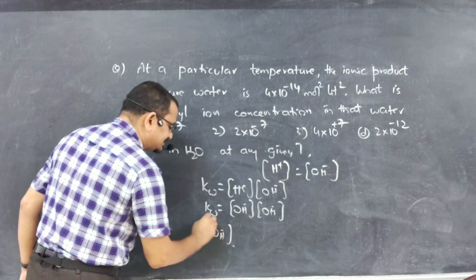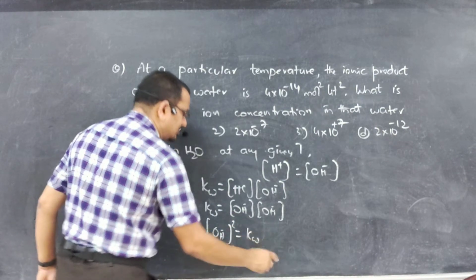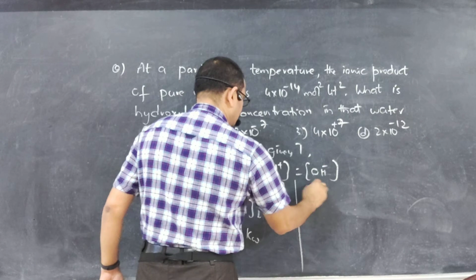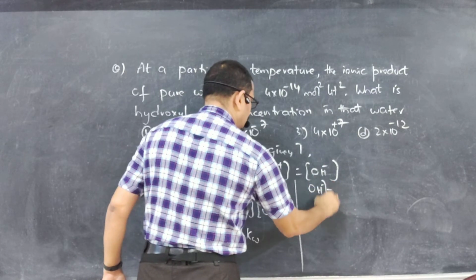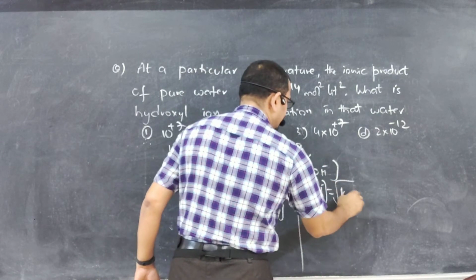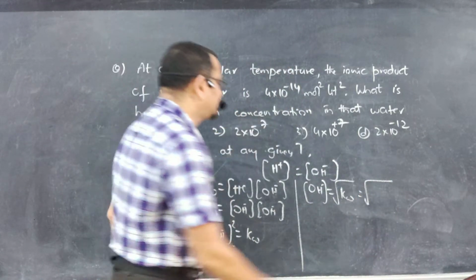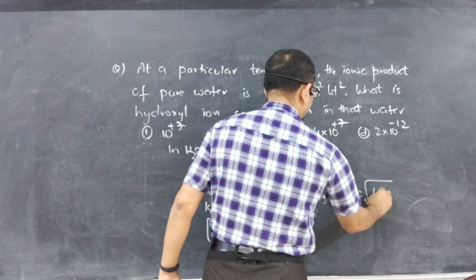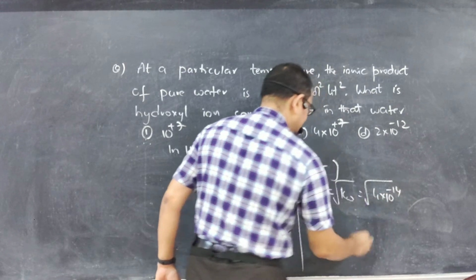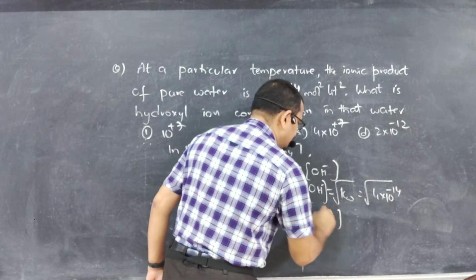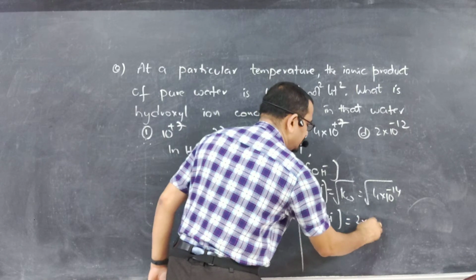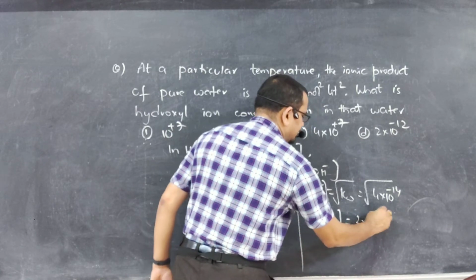So OH minus square equals Kw. Then the concentration of OH minus equals the root of Kw, where Kw is given as 4 into 10 power minus 14. So the concentration of OH minus equals 2 into 10 power minus 7.